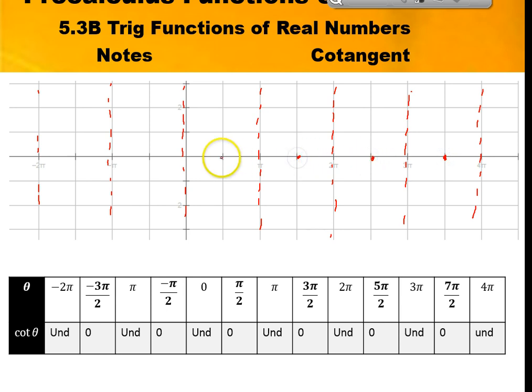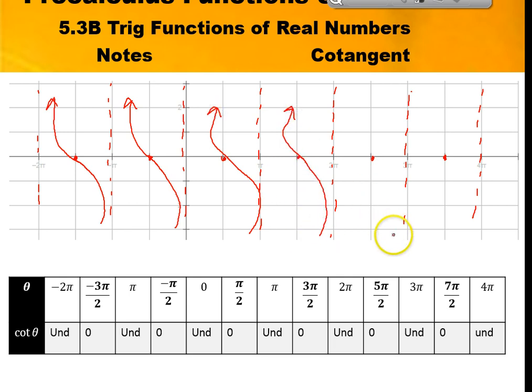And now cotangent looks just like tangent, but instead of going this way, it's backwards, so it's this way. So that way. Ooh, that was an ugly one. Okay. Good. So now let me show you a good looking one.